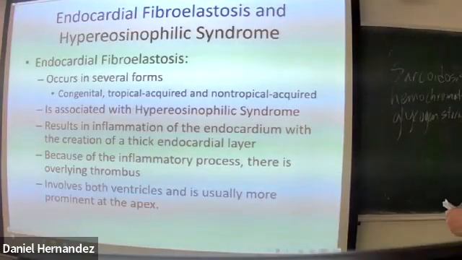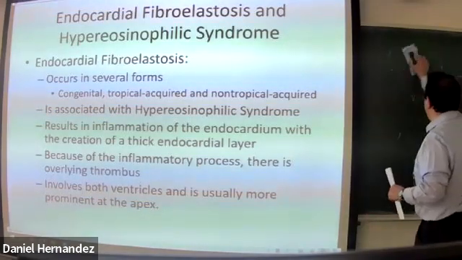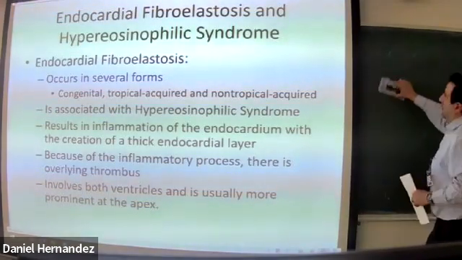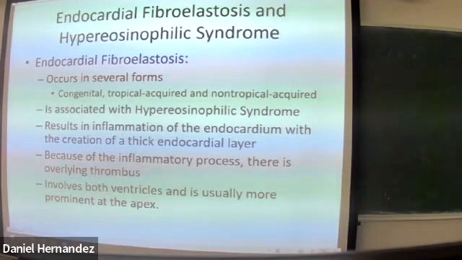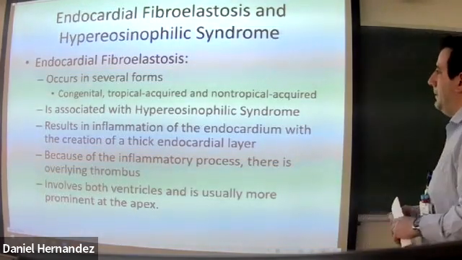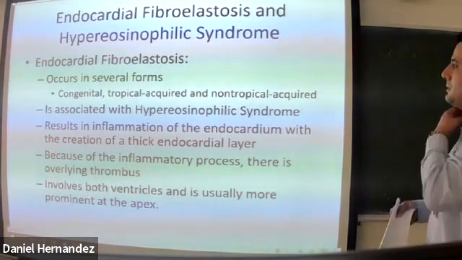There's a couple other conditions that we can talk about within this chapter. Two of them are endocardial fibroelastosis and hypereosinophilic syndrome. So endocardial fibroelastosis occurs in several forms.